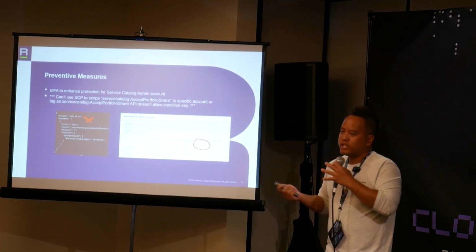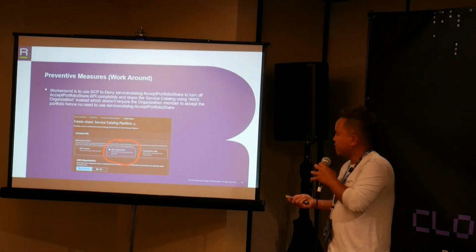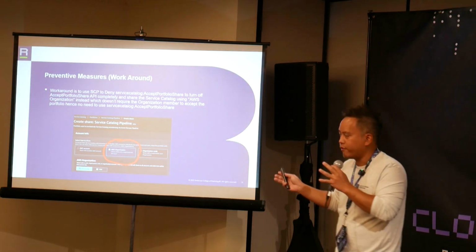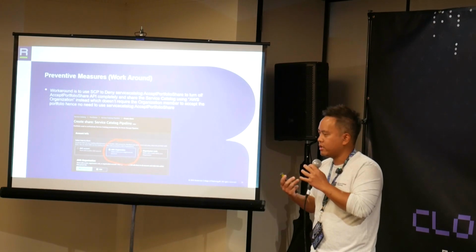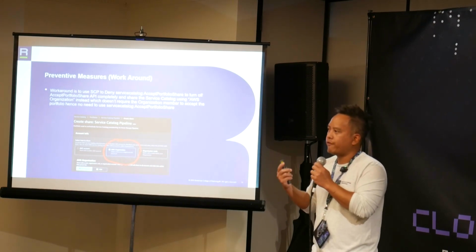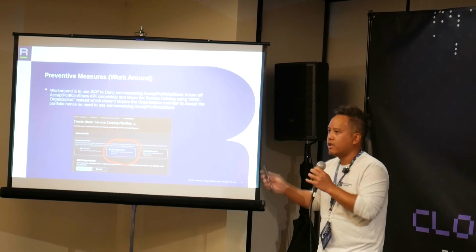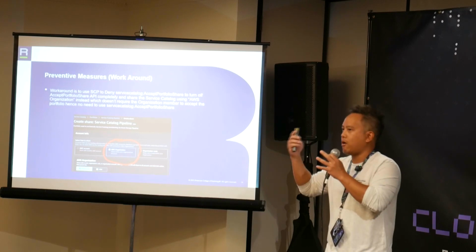So the response from AWS is that the workaround is to have the SCP block the entire accept portfolio action, so you don't allow people to do the accept portfolio function. However, when you share the portfolio inside your organization, do the share as organization. There are different types of shares: share by account and share by organization.